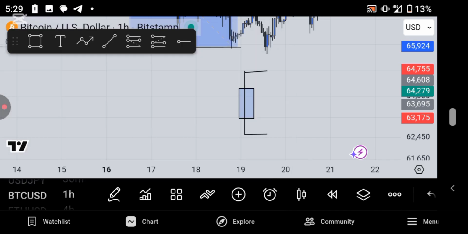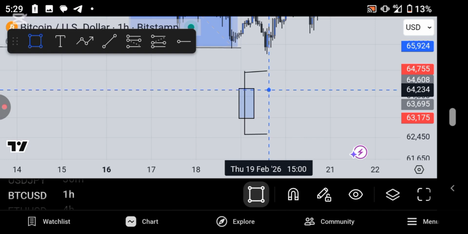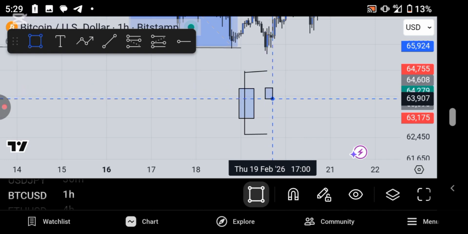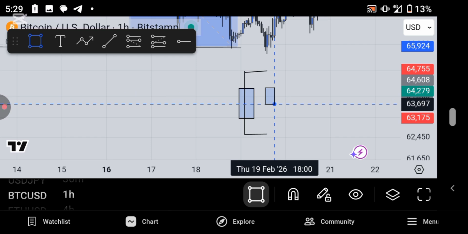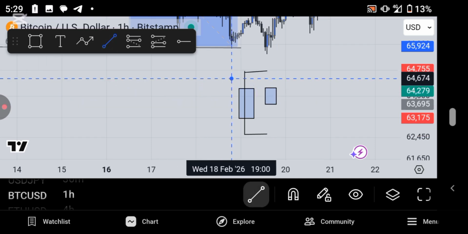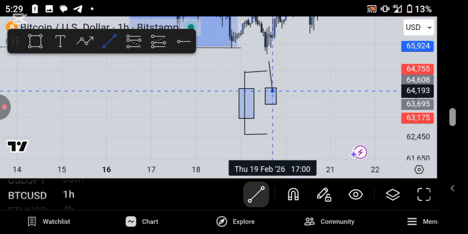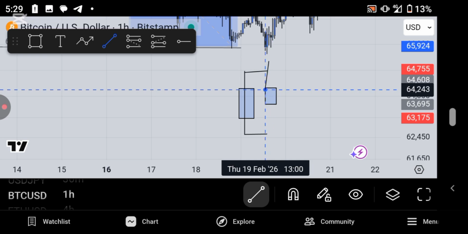After marking the high and low of the candle, you then wait for a sweep of either side of the candle. If it is a buy candle or a bullish candle, you should be waiting for the sweep of the high. Now we got the sweep of the high, something like this.